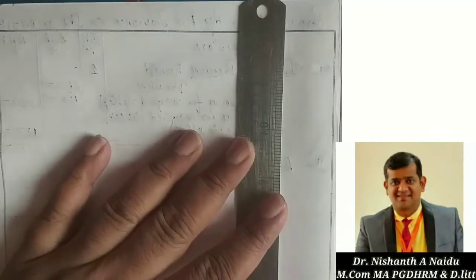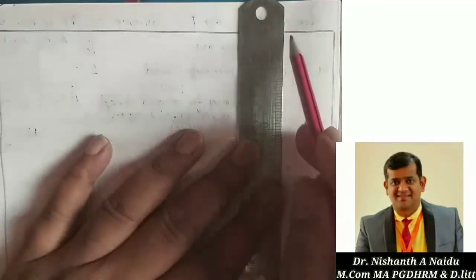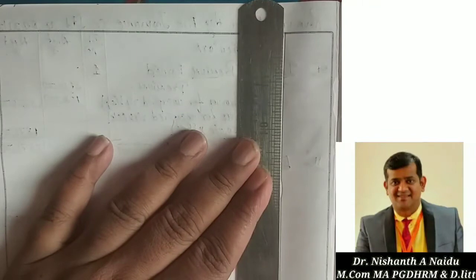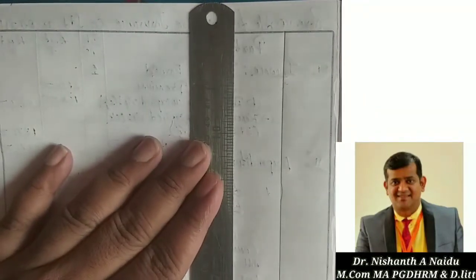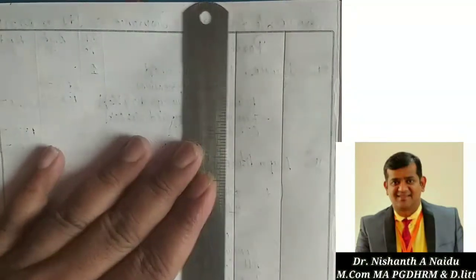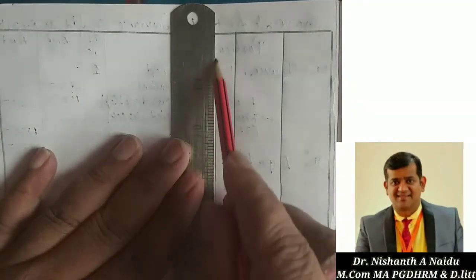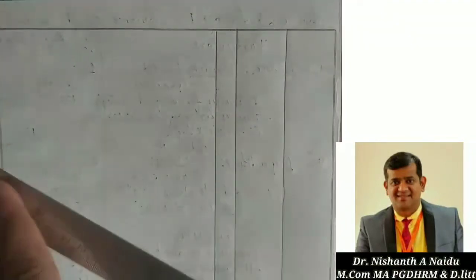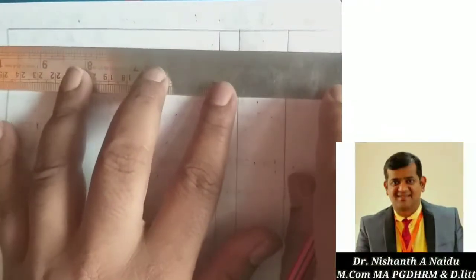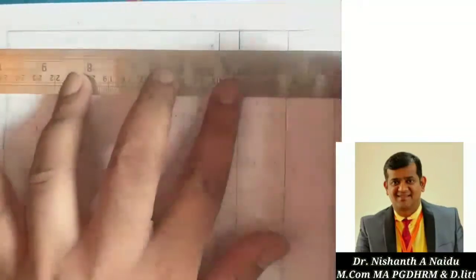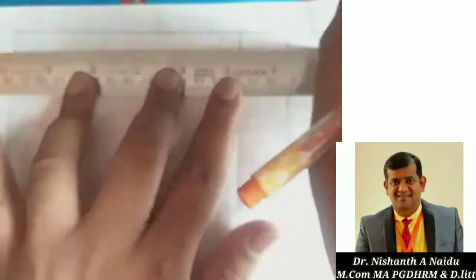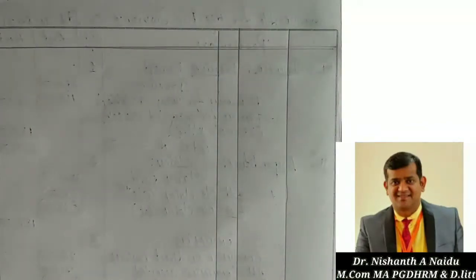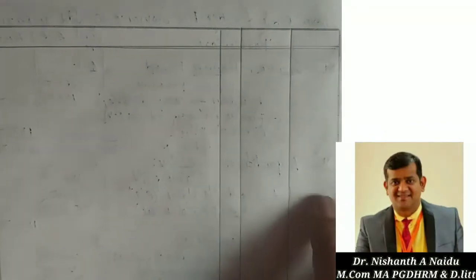So as usual, two amount columns. This schedule column need not be there, but let it be so that you don't get confusion while preparing this. Okay, so let us start the solution part.